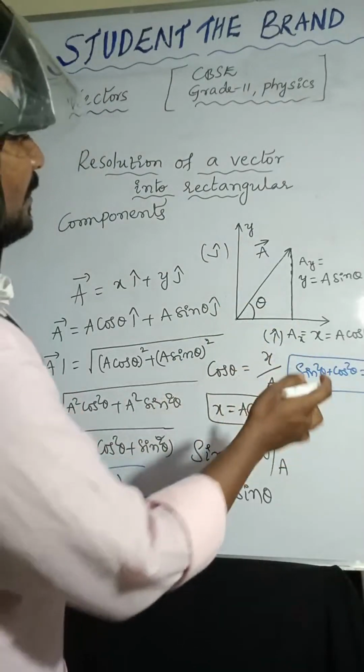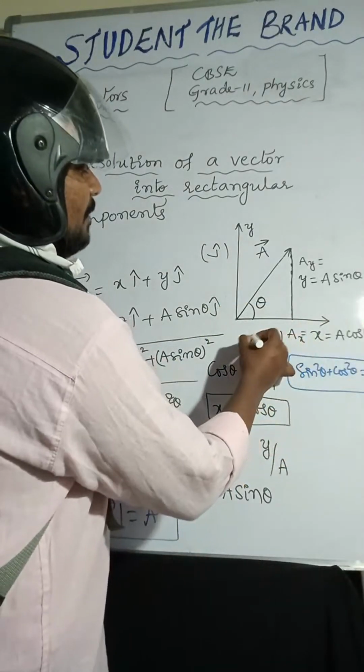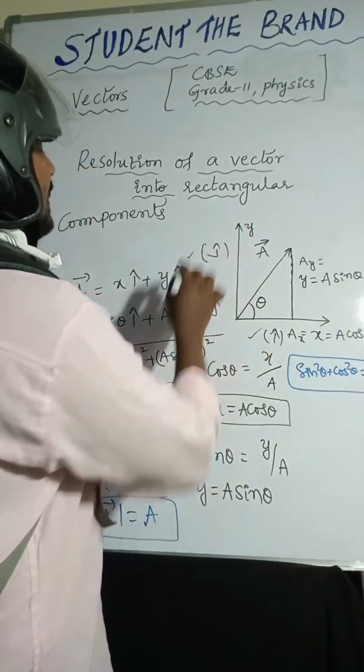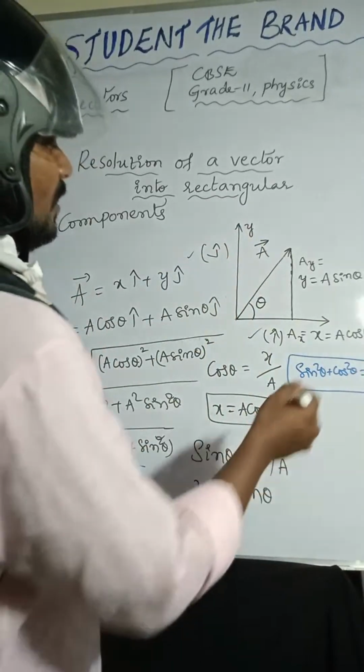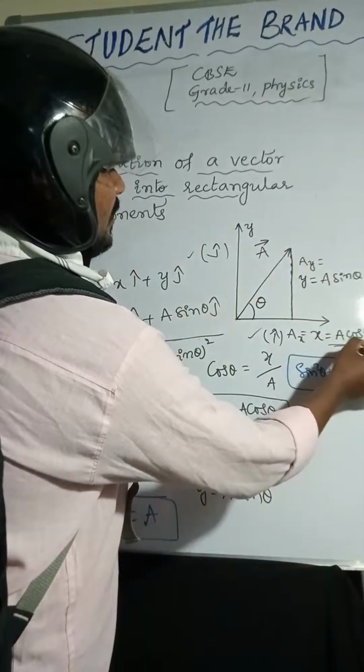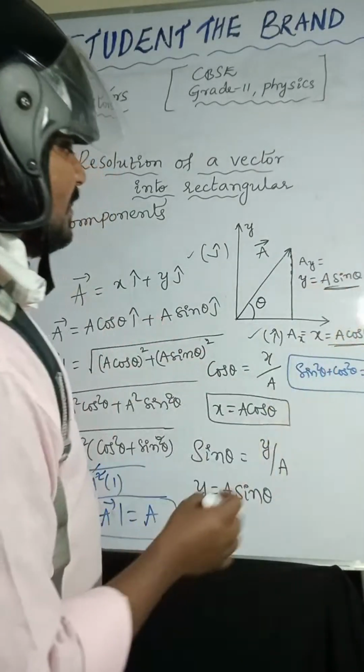Now you can observe. Along the x-axis i cap is the unit vector, along the y-axis j cap is the unit vector. So x equals a cos theta, y equals a sin theta.